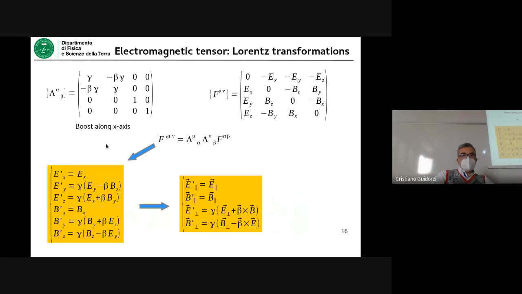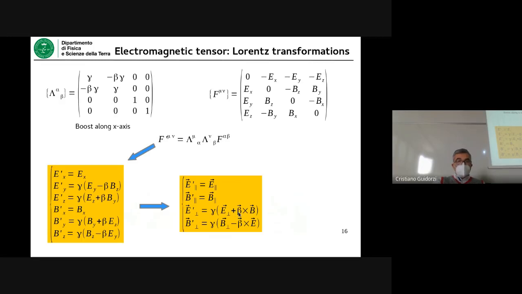In particular, we can compact this result by writing it in terms of parallel and perpendicular components. You see that the parallel components of both fields are left unaffected, do not change, while the perpendicular ones can be summarized as you see here: the corresponding perpendicular component times gamma, but the new part, which encodes the mixture of both fields, can be expressed as a vector product.